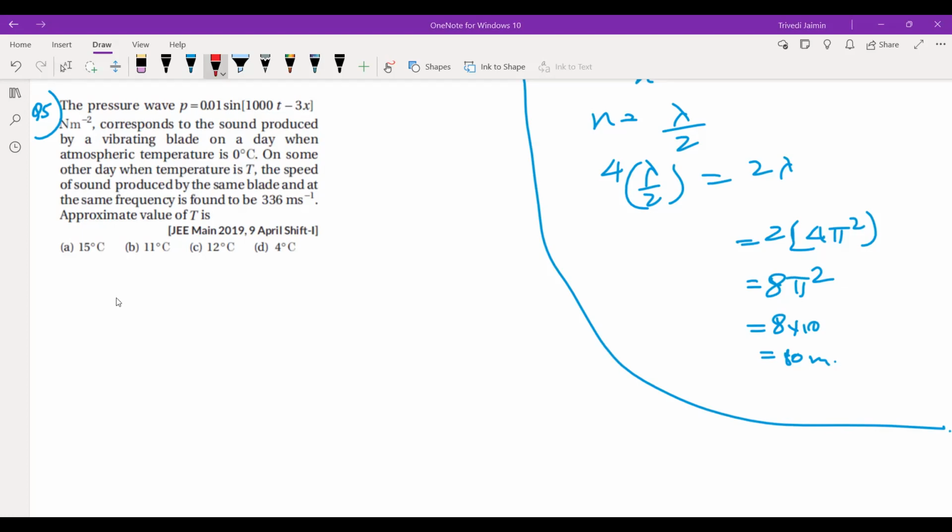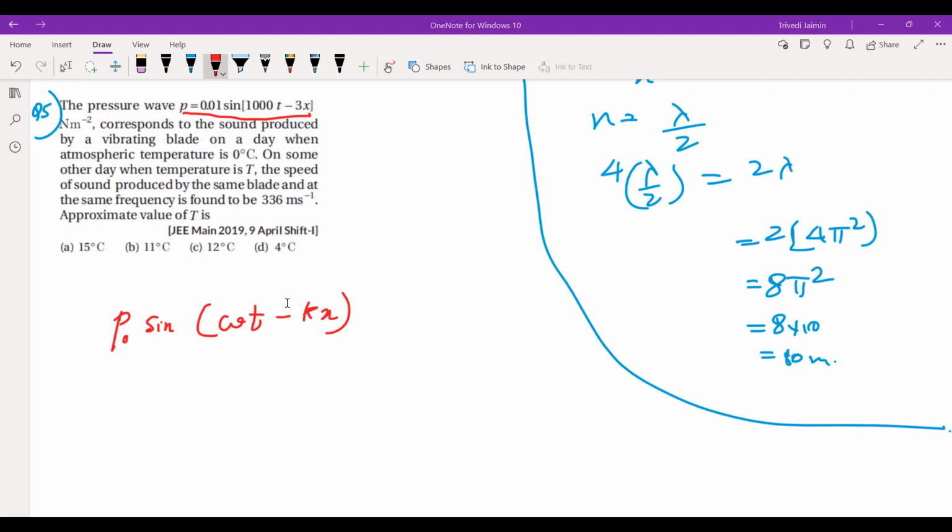Okay, what they're saying first question is this one. This is given. Fine. It corresponds to sound produced by vibrating blade on the day when atmospheric temperature is 0 degree. So we know sound wave is what? P naught sine omega t. So omega is 1000 here.